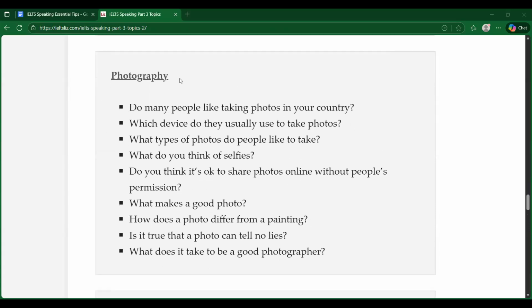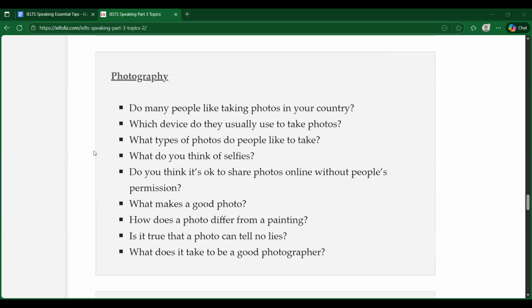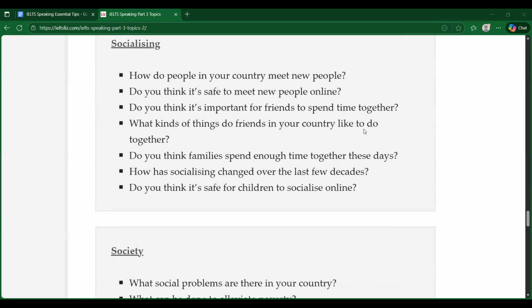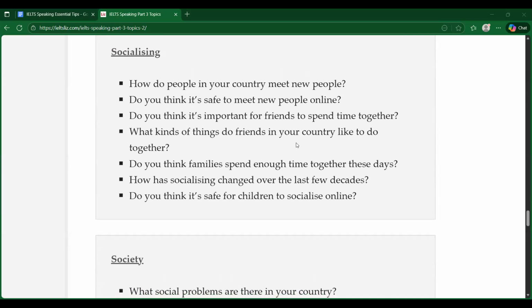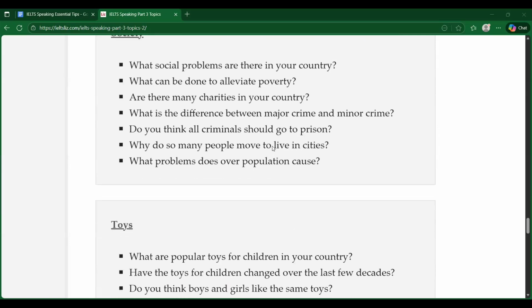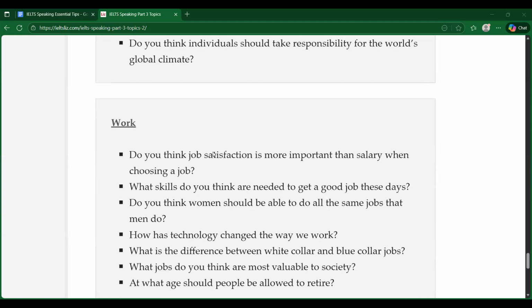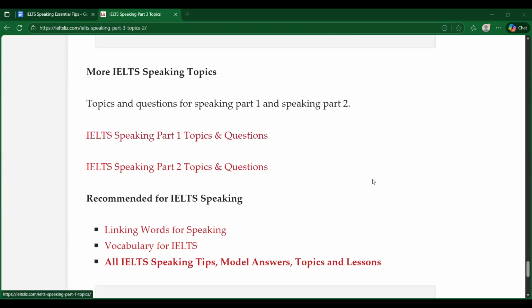We can also be asked about photography, like do many people like taking photos in your country? And socializing can also be a topic. On this website you can find plenty of topics that could be asked.